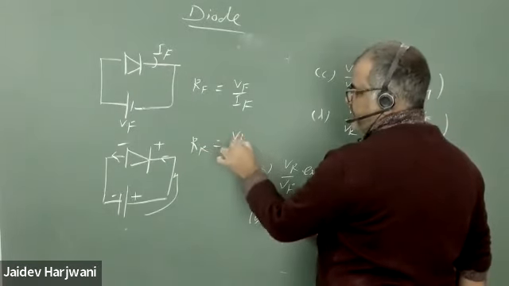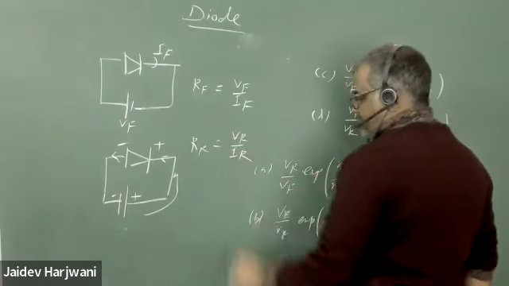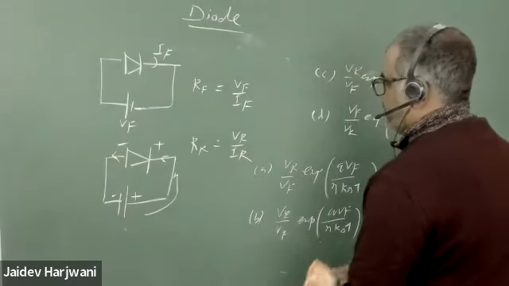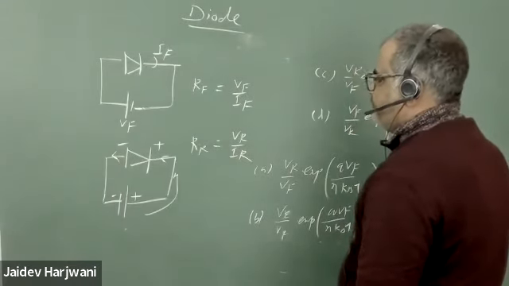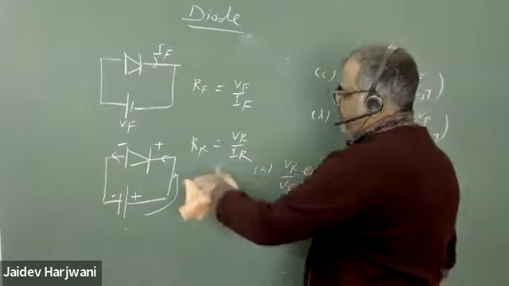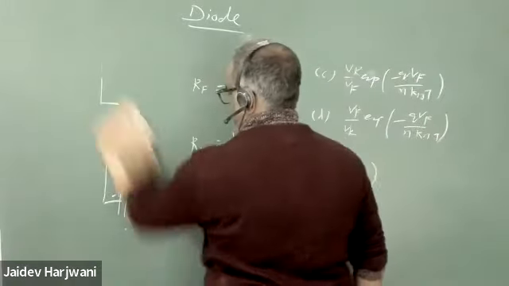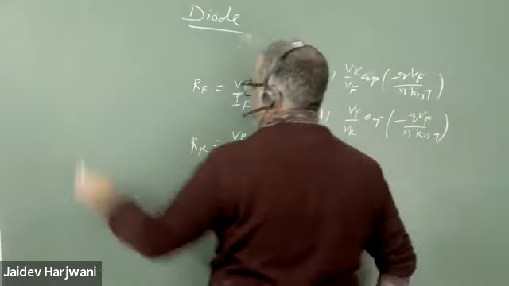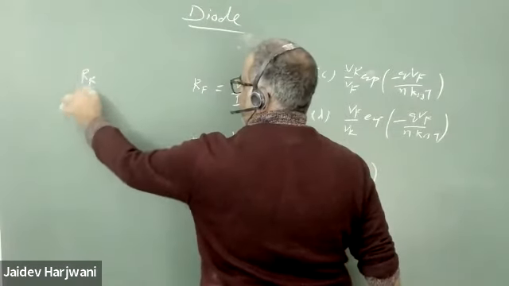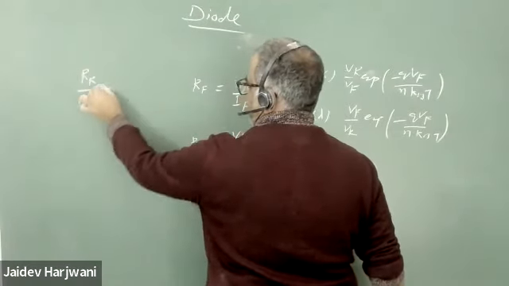So this time you want to find VR upon IR, and they ask the ratio of RR upon RF.